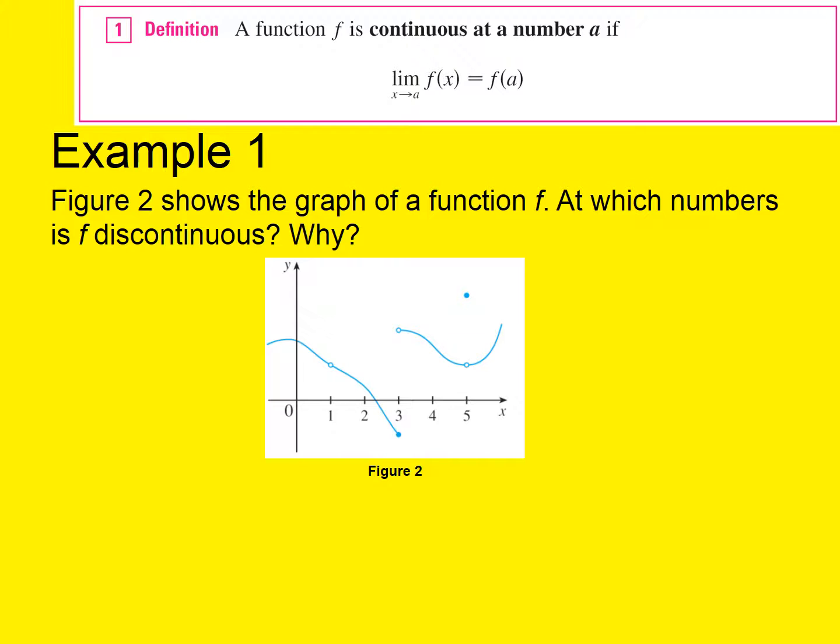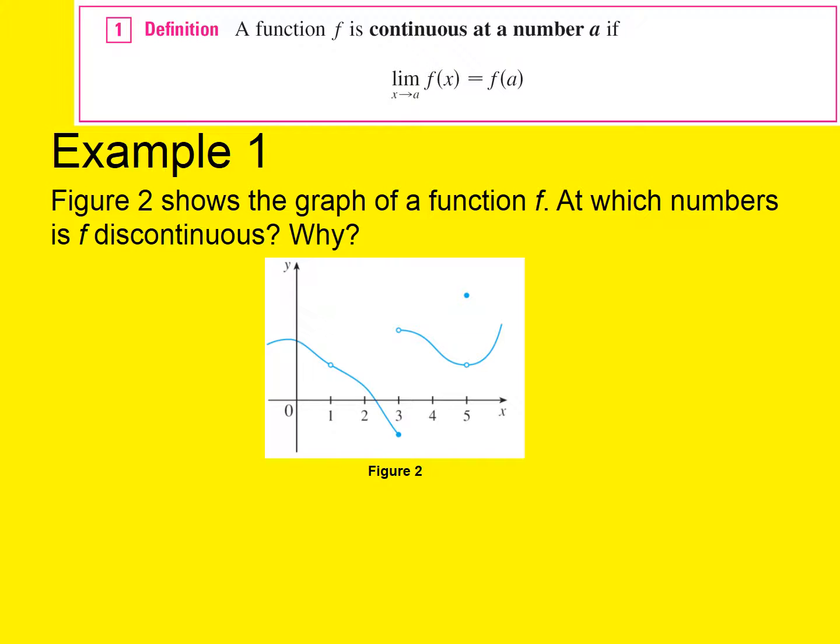Example: figure 2 shows the graph of a function. At which numbers is f discontinuous and why? Something's going on at 1, at 3, at 5. You might be tempted to say it only matters what's happening near x equals 1.